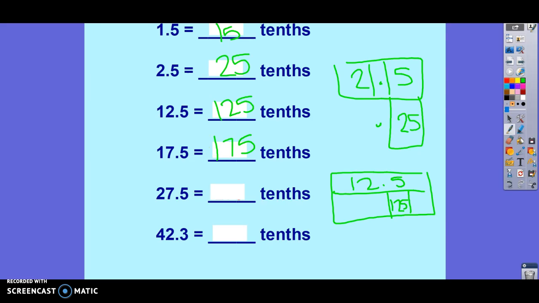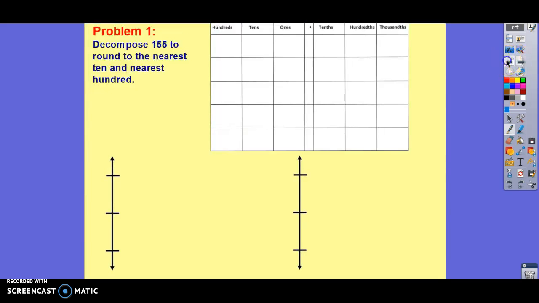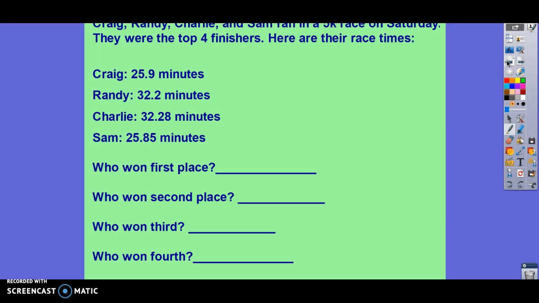Good job. 27 and 5 tenths is 275 tenths. And write the next one, 42 and 3 tenths. That'll be 423 tenths.